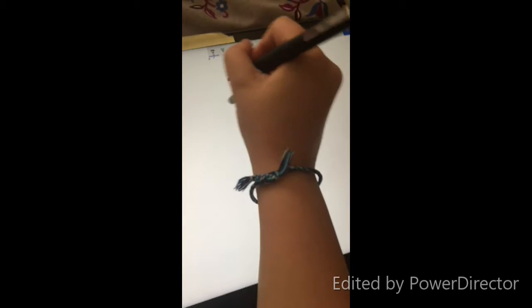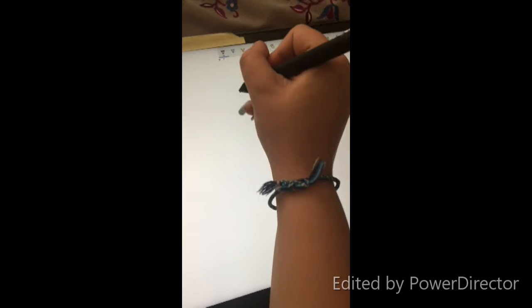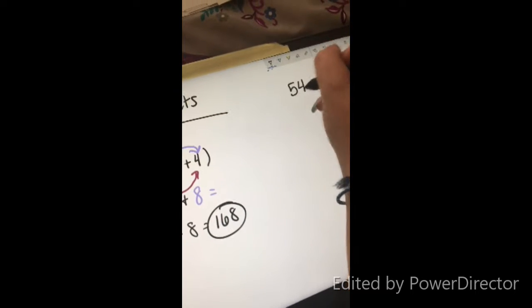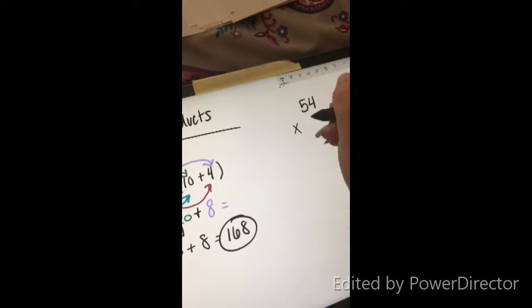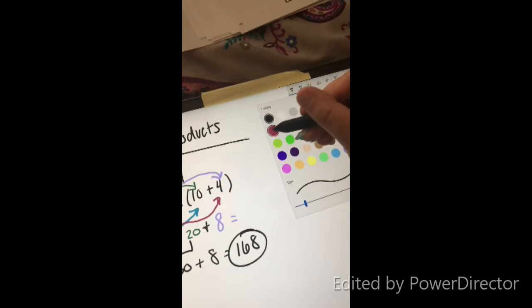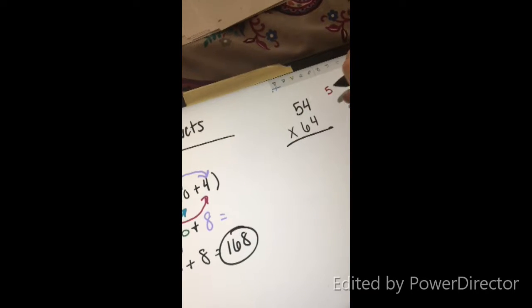We're going to take the numbers 54, and we're going to multiply that by 64. So we're going to start by multiplying the 50 times the 60.